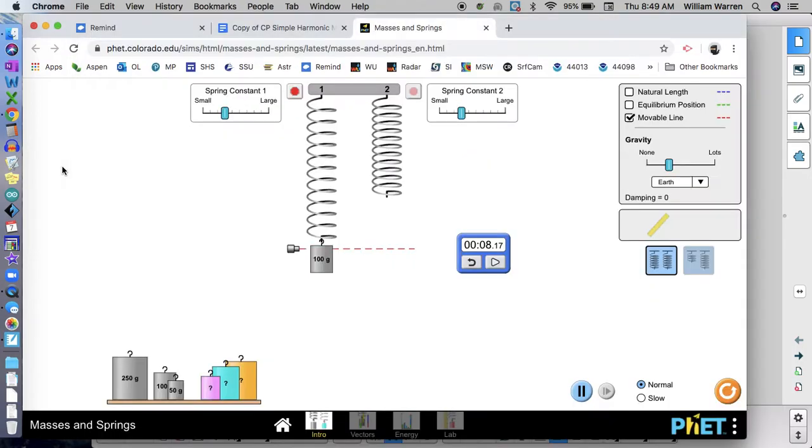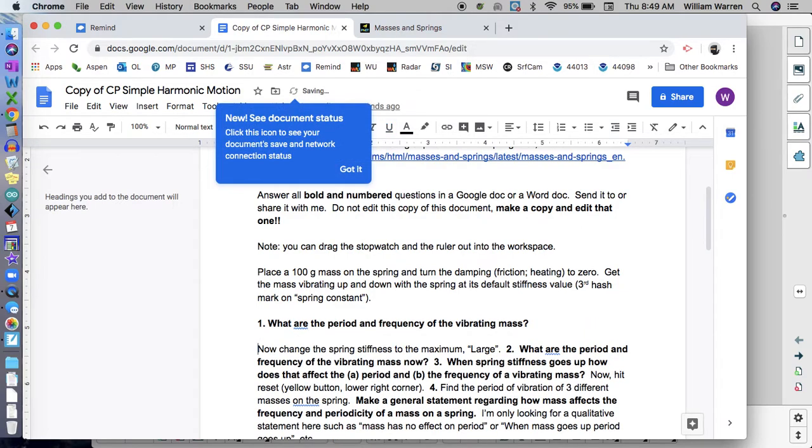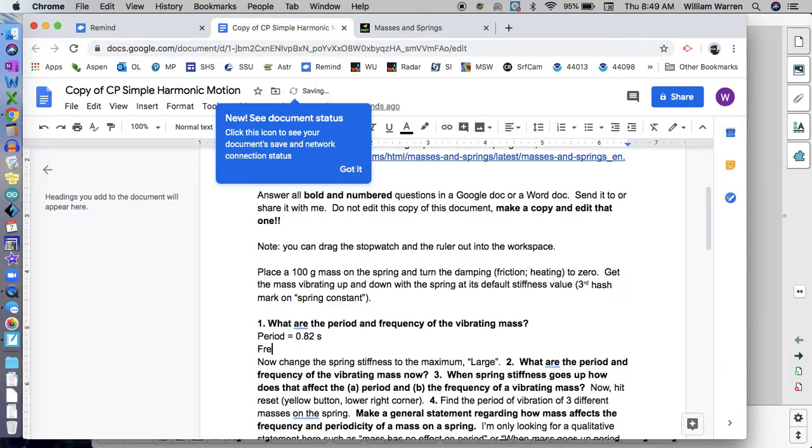You just go through it, and then I say stuff like this. So I would just write in here, I would edit this, and I would say the period equals 0.82 seconds, and the frequency, what was that, 1.2, I think, 1.2 hertz.